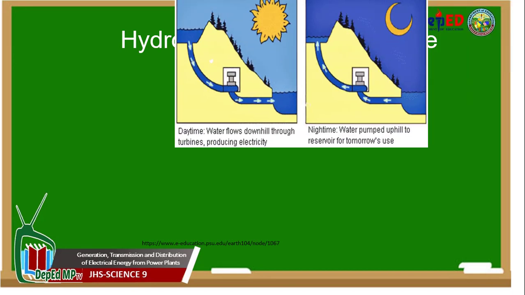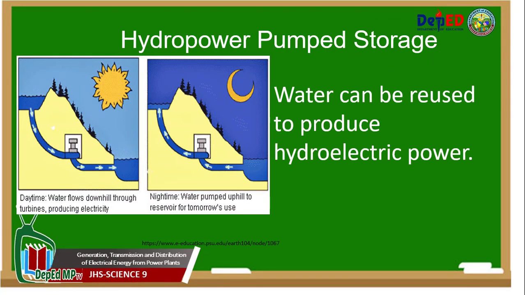In hydropower pump storage, during daytime, water flows downhill through turbines, producing electricity. Nighttime, water is pumped uphill to the reservoir for tomorrow's use. So here, water can be reused to produce hydroelectric power.